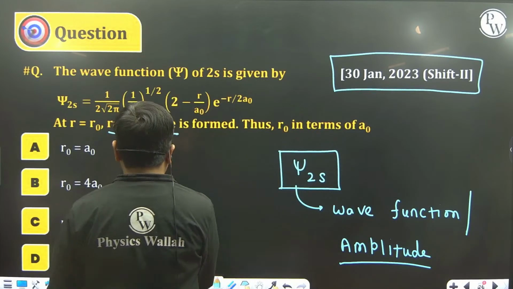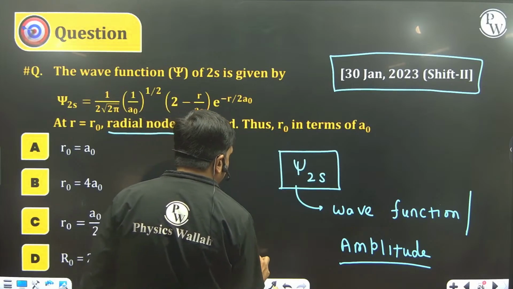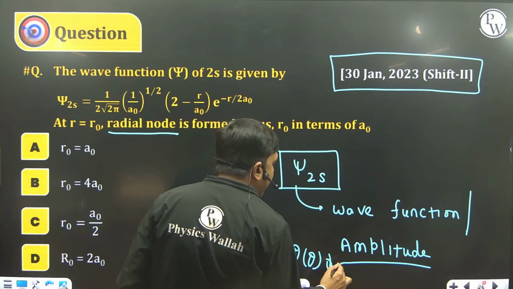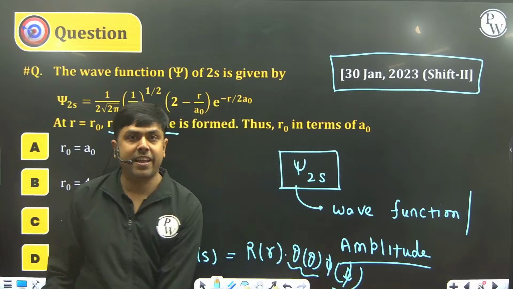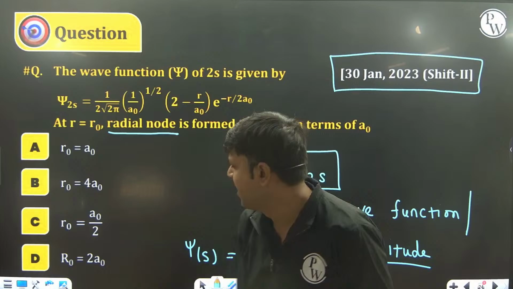So this psi is a function of r, theta, and phi. Theta and phi are the zenith and azimuthal components, and this one is the radial component.